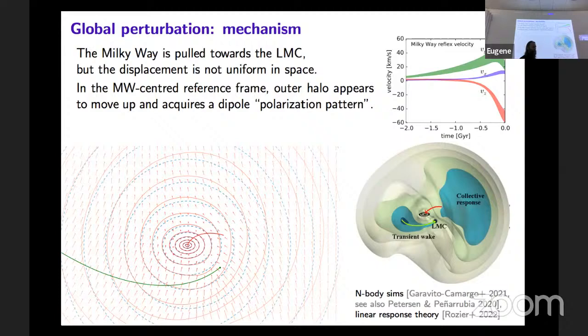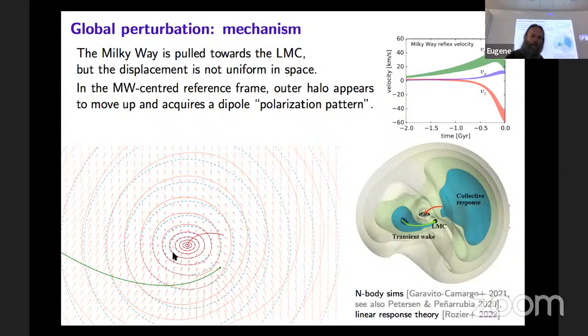Can you say something about the shape of the Milky Way? I think you probably assume spherical in some of these things. I was wondering if you could measure the shape. Yes, that's a good question.